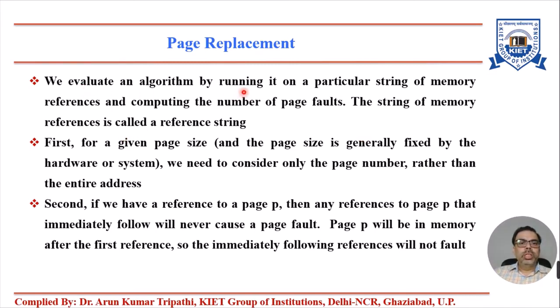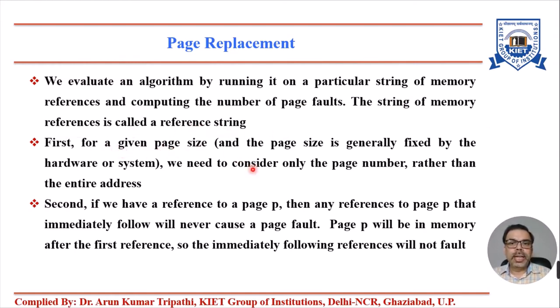We will discuss the process of page replacement in the next 4 to 5 slides. We evaluate the algorithm by running it on a particular string of memory references. The memory reference string basically lists the pages required by the CPU. The string of memory references is called the reference string.